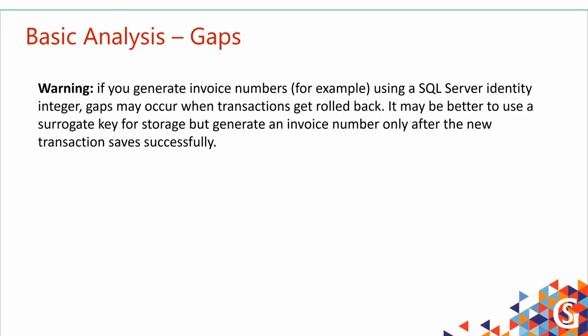The next insert will not be 7, it will be 8. Even though 7 never was successfully entered into the database, we lose that 7. What that means is, for something where accountants need to know that the order is sequential, that the order is appropriate, we cannot use an identity column.